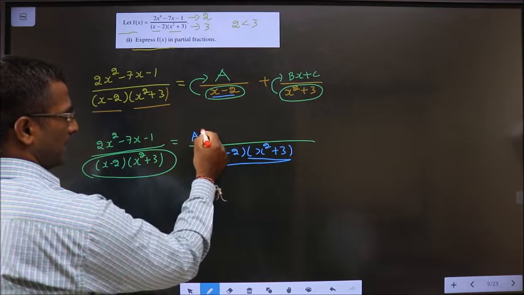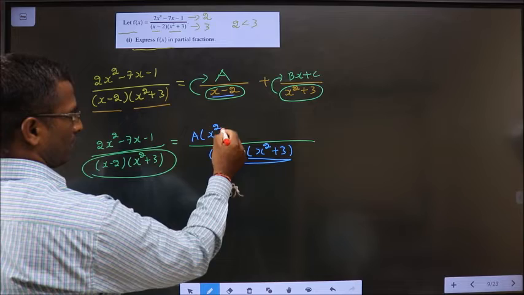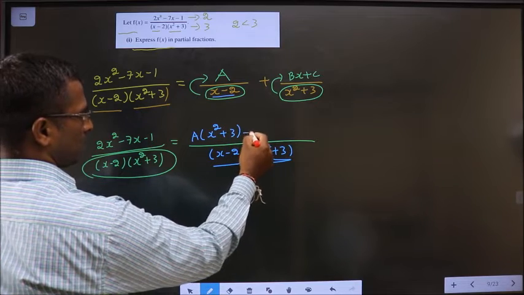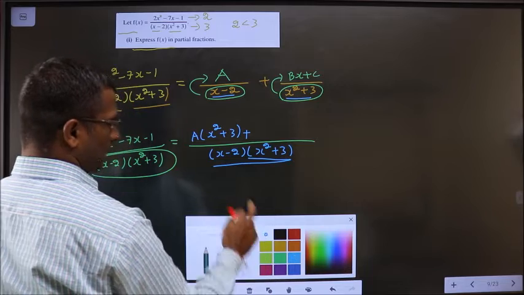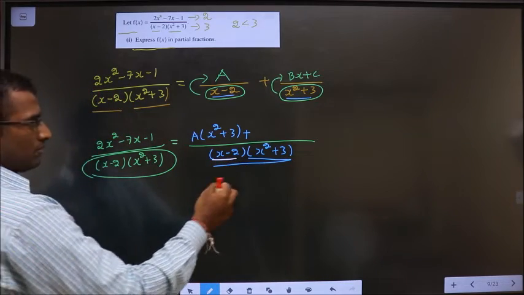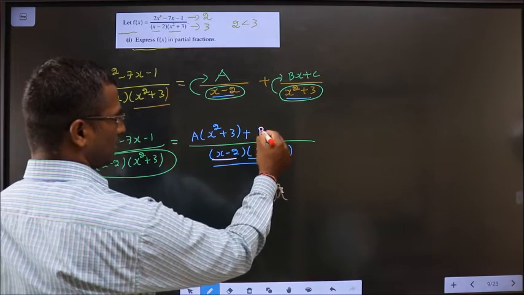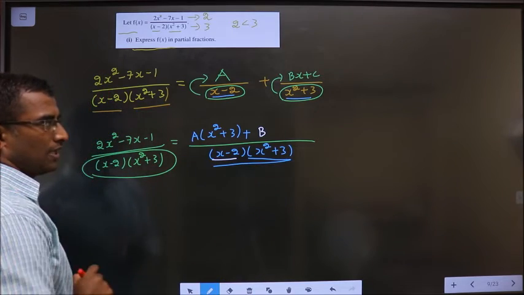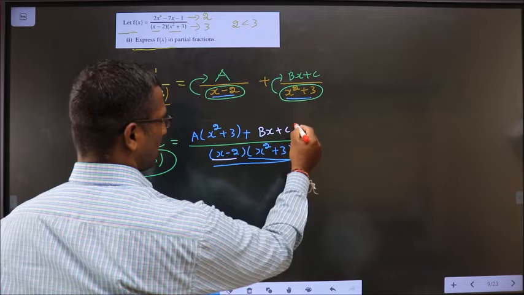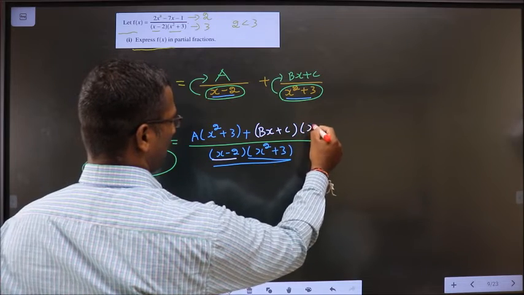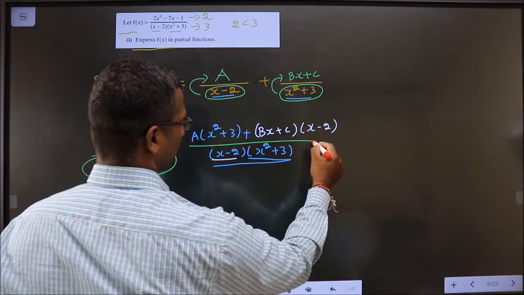Thus it will become a times x square plus 3 plus. Here, with x square plus 3, the missing one is x minus 2. So multiply by x minus 2 to the denominator and also to the numerator. Thus it will become bx plus c times x minus 2.